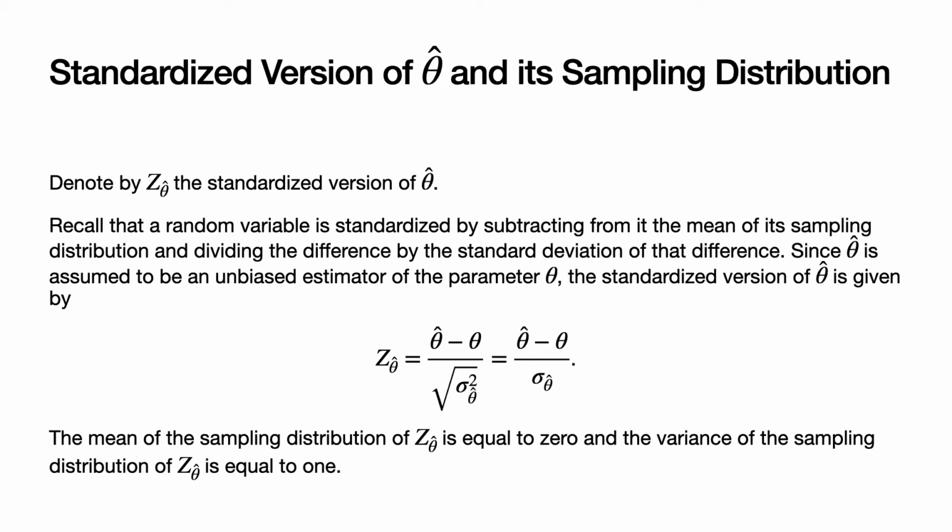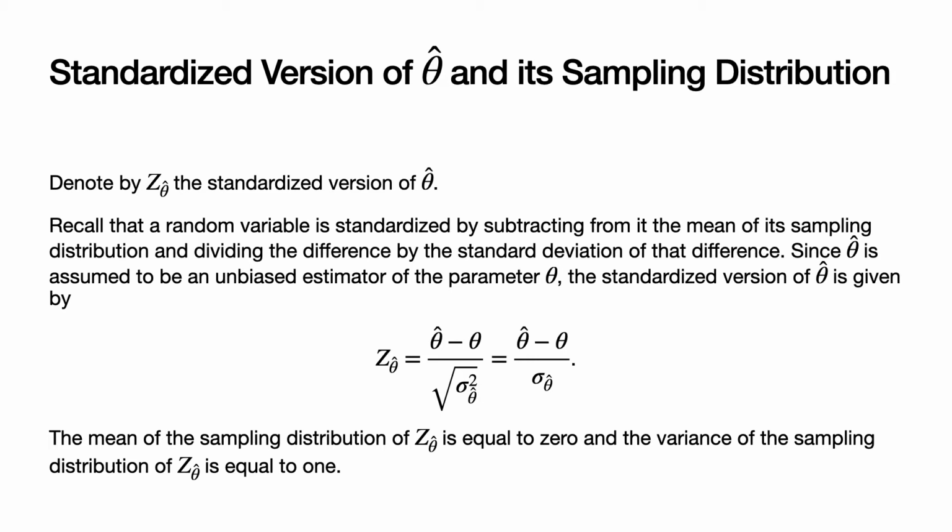Now, what do we mean by standardizing? Well, recall from previous methods courses that a random variable is standardized by subtracting from it the mean of its sampling distribution and dividing the difference by the standard deviation of that difference.